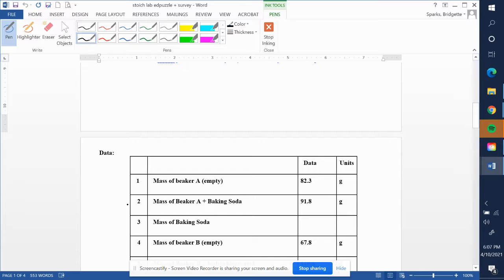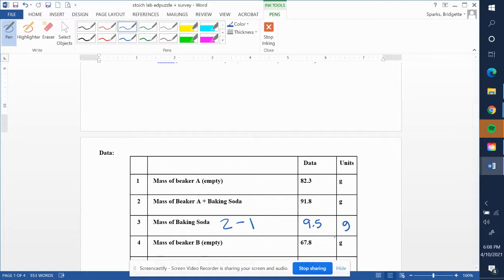And so if we want to know the mass of our baking soda, we're simply going to take the quantity in line 2 and subtract the quantity that's on line 1. Again, if you did this in person, then that is going to be different for you, but it should be line 2 minus line 1, giving you a value. And in our case, that is 9.5 grams.